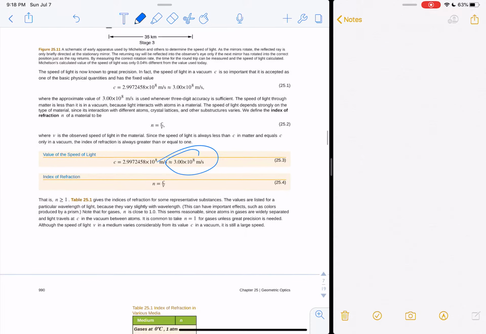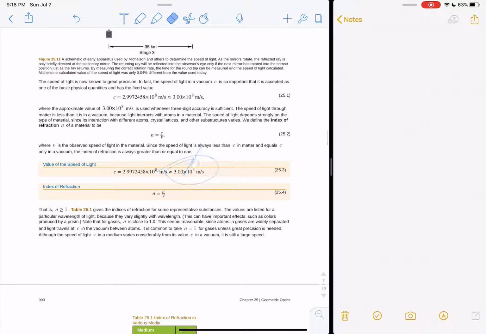Okay, so what happens when light enters a material? It slows down, and it slows down based on a property called the index of refraction of the material. So, for example, let's say the speed of light, c, is equal to n times v.